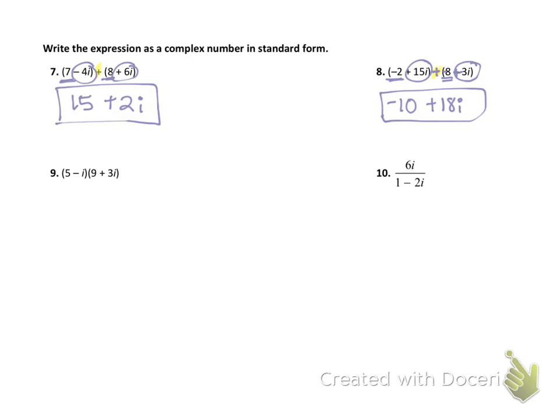Then we've got multiplying. 5 times 9 is 45. 5 times 3i, 15i. Negative i times 9, negative 9i, and negative 3i squared. We're not done yet for two reasons. We can combine these two i terms, right? So I get 45 plus 6i. And then whenever I have i squared, I need to replace it with a negative 1.